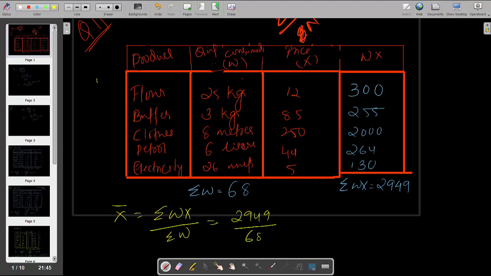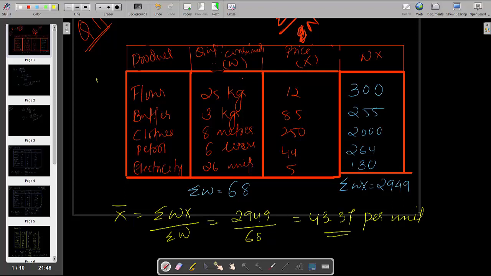How much do you get? 2949 divided by 68, you get 43.37, or you can write 43.38 also. Okay, it's up to you. So that's the value, 43.37 per unit. So that's our answer.